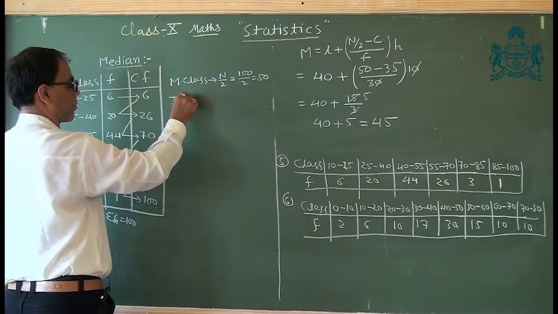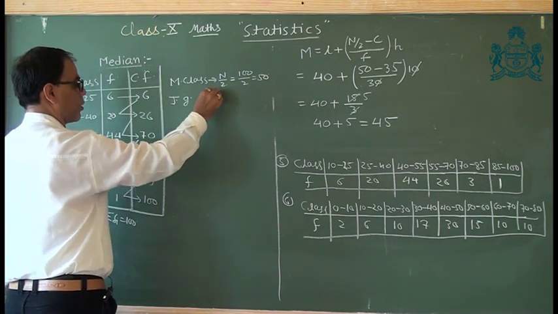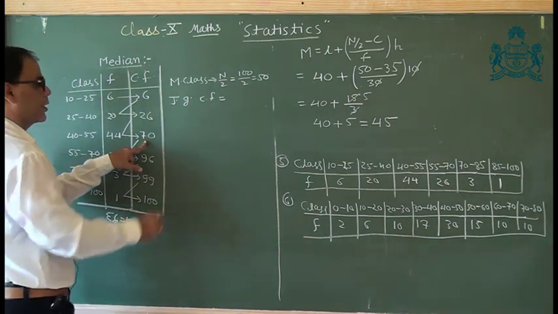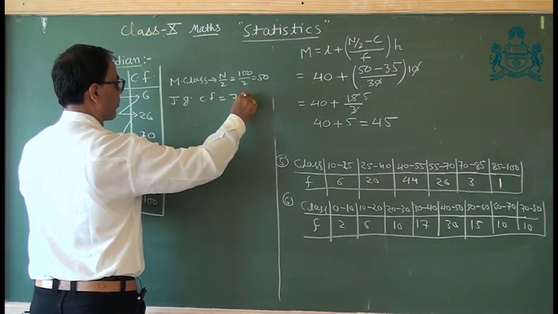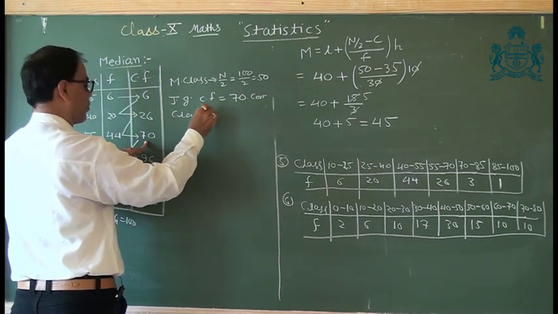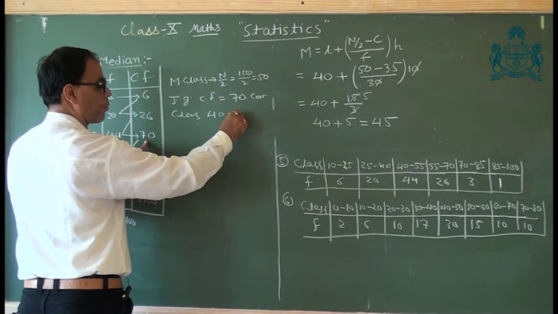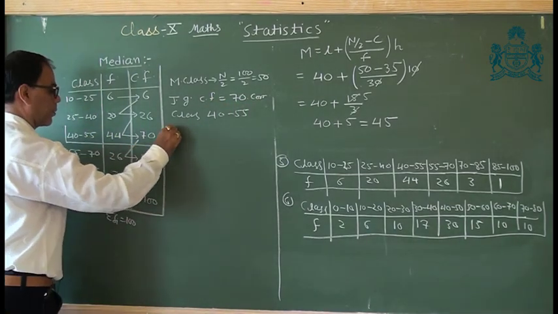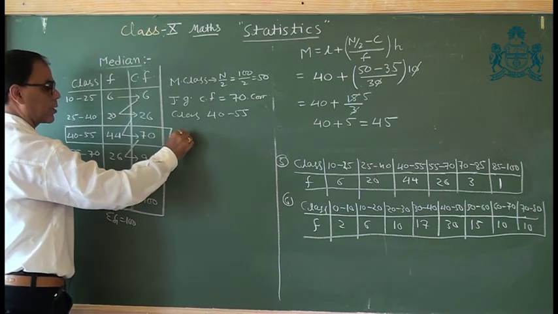Just greater cumulative frequency than 50 is 70. Corresponding class is 40 to 55. This is the median class.